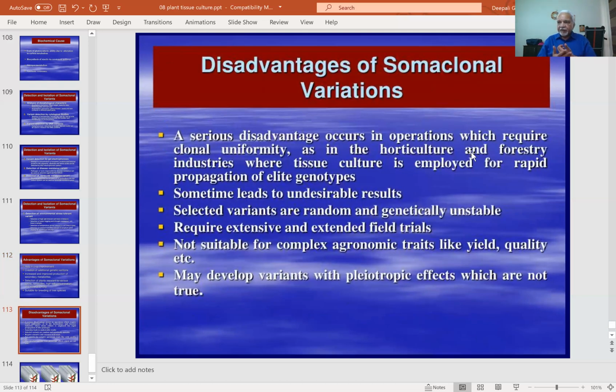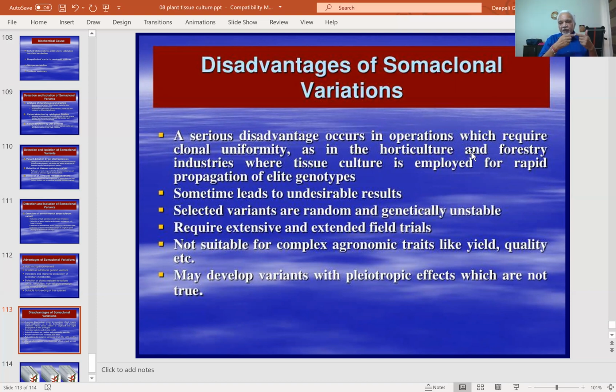What are the disadvantages of those? One of the disadvantages is that whatever clone you are starting with, callus, protoplasts, calli, all these do not have all the cells having the same change.